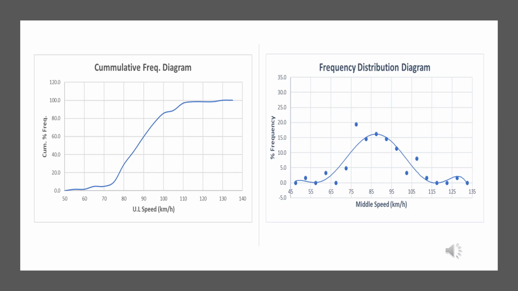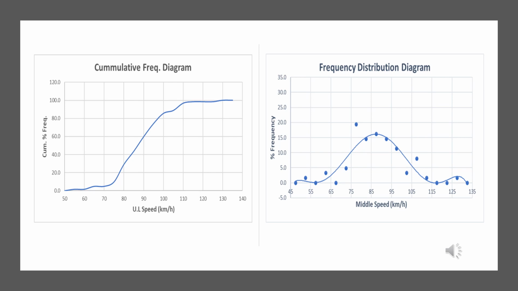Using the data in the previous table, we plotted the frequency distribution curve by plotting the middle speed on the x-axis and the percentage frequency on the y-axis. As we see here, the curve has a bell shape, and this curve will be used to find some parameters. We will discuss it in the next slides.